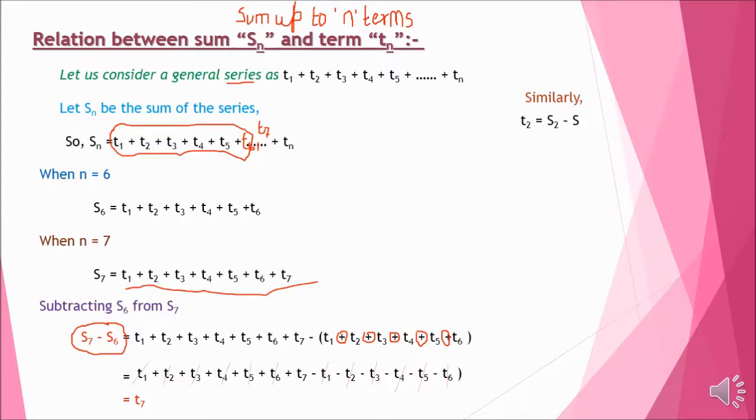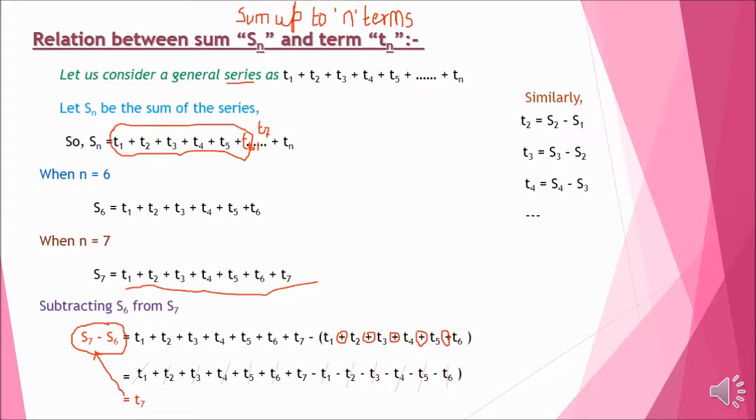Likewise, T7 is S7 minus S6, so T2 is S2 minus S1. T3 is equal to S3 minus S2. Similarly, T4 is equal to S4 minus S3. In the same way, T8 is equal to S8 minus S7.